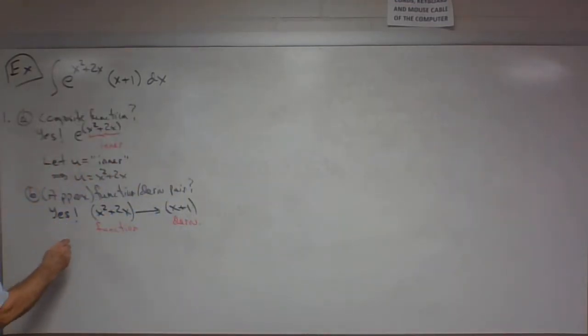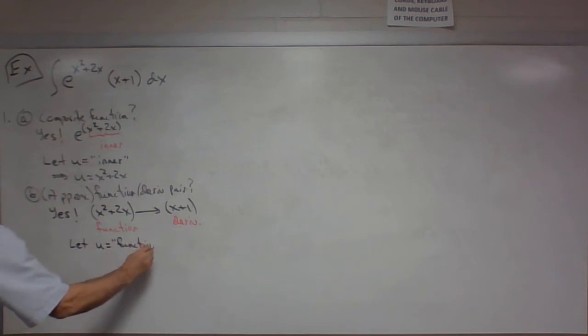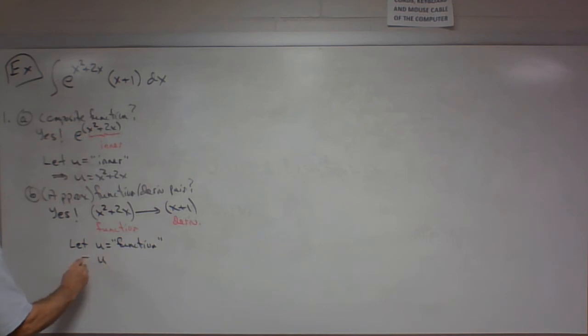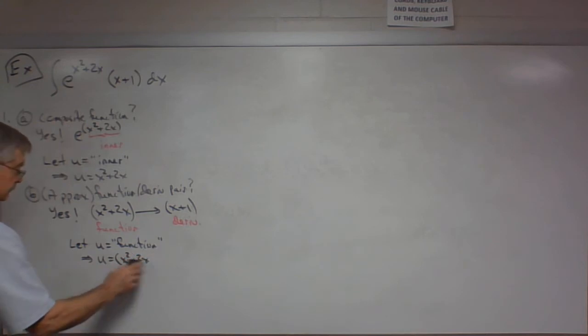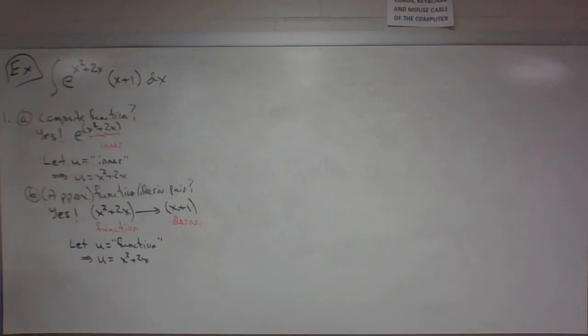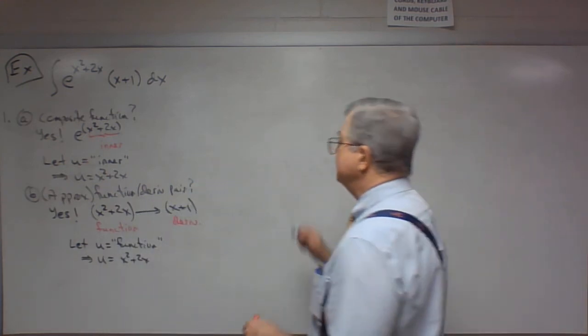Our rule of thumb here, we let u equal the function of the function derivative pair. So u is going to equal x squared plus 2x. And both criterion A and criterion B suggest the same choice of u. So almost surely this is going to work through u-substitution.